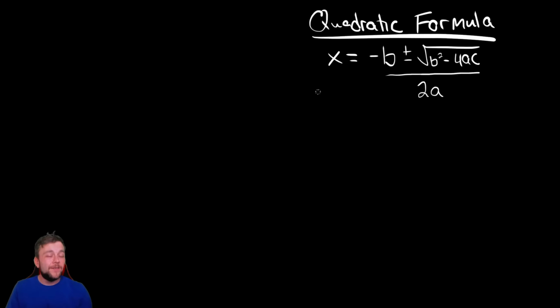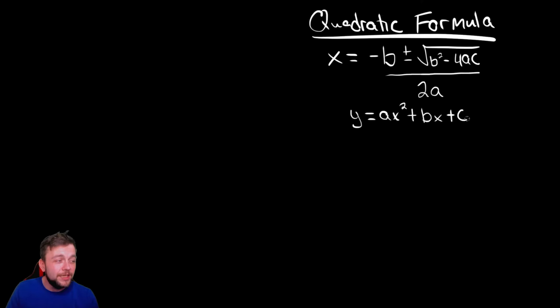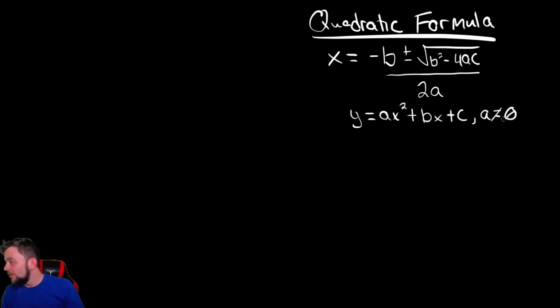And always remember that the form for your quadratics is y equals ax squared plus bx plus c, and a cannot equal what number? 0. Okay, so a cannot equal 0.